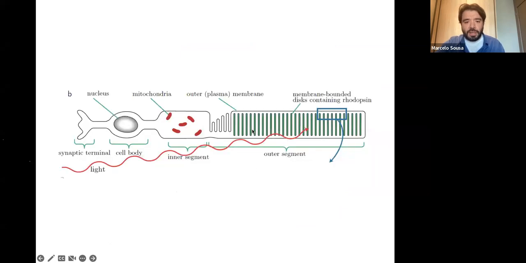The photon absorption happens here in that outer segment, and when the photons are absorbed, it depolarizes that outer membrane, so the next cell that is connected with the rod will be depolarized too and create an action potential.